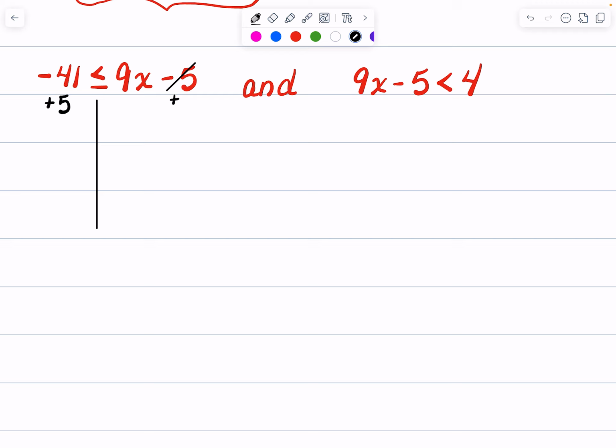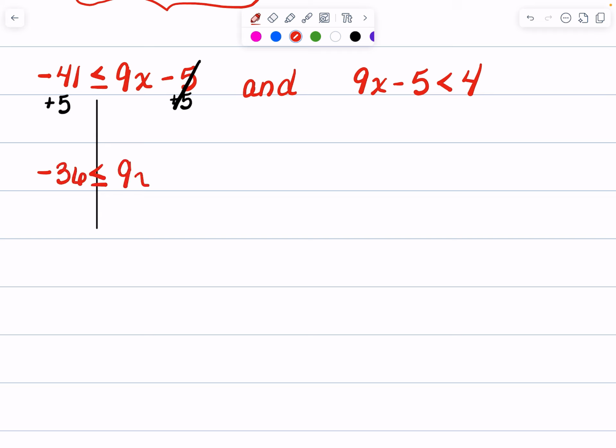So over here, just so you see what I'm talking about, negative 5 plus 5, that's going to make this 0, right? So then we have negative 36 is less than or equal to 9x.